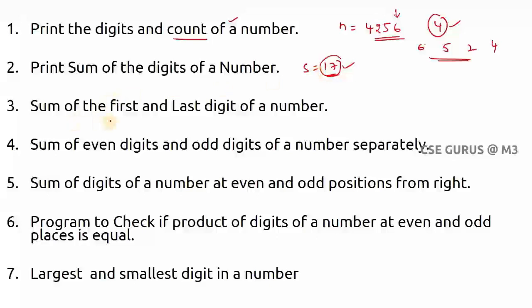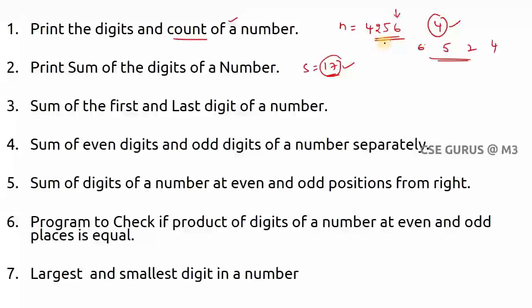The next one: sum of first and last digits of a number. Again I'll take 4256 as my question. What is the first digit and what is the last digit? Of course, the second question was the sum of all the digits, but here I want only the first and last digit.